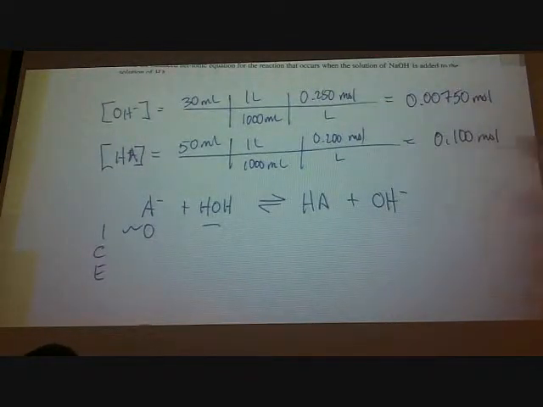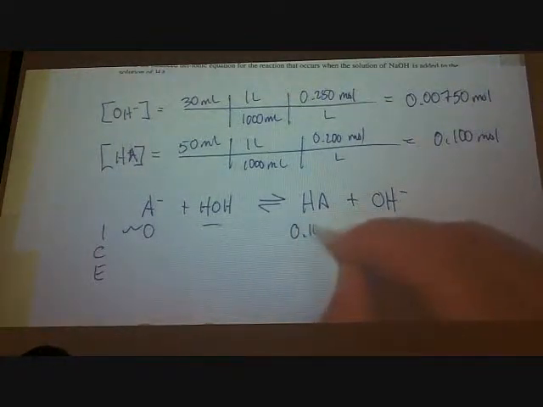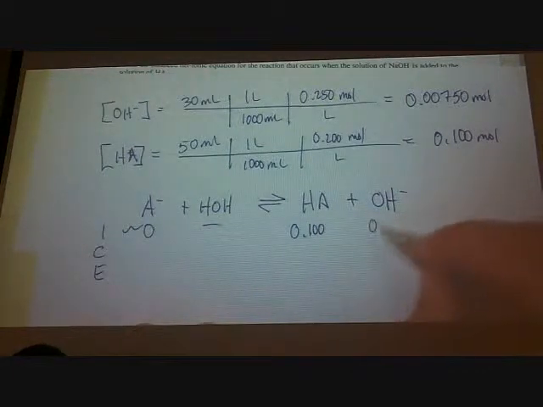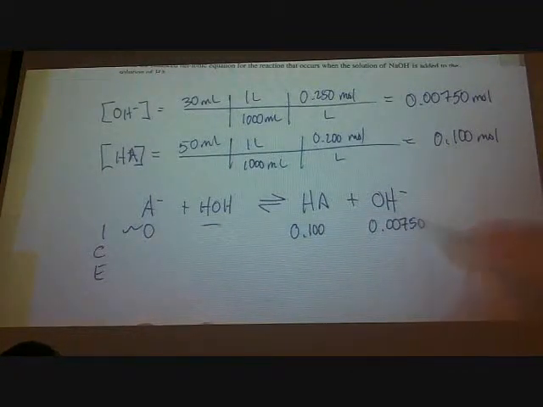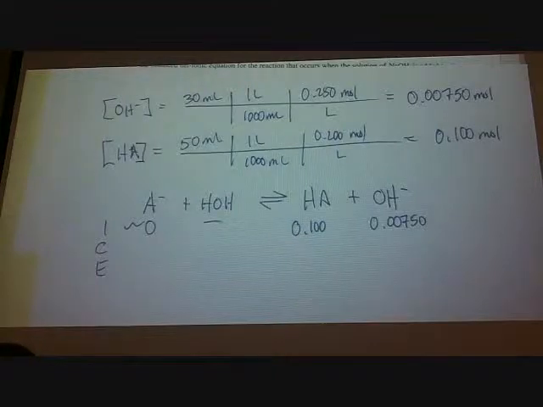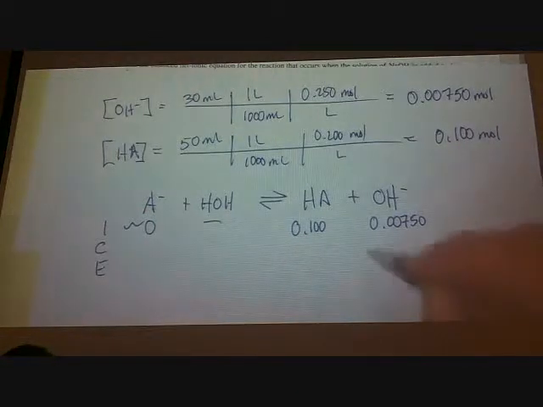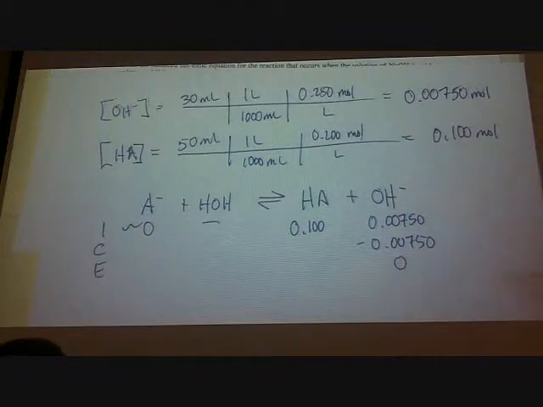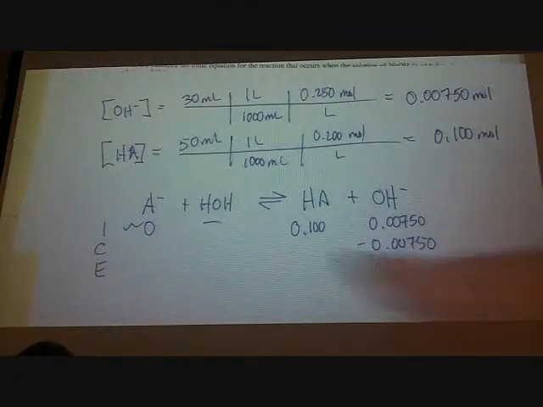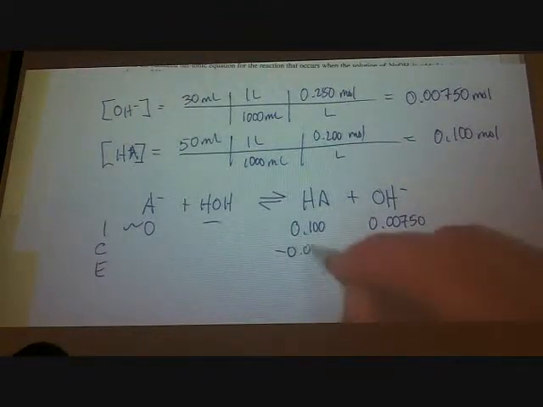And then plug in your values here for the HA. So we have 0.10 moles and 0.0075 moles. Which one's smaller? And don't always go with the hydroxide, okay? Or the strong. So that one goes to 0, and then equilibrium is reestablished. And then we'll subtract it from these.